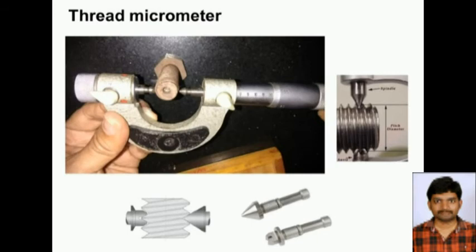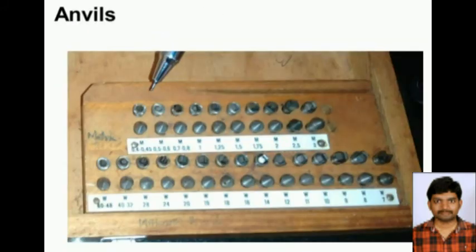To avoid that, the tips are made flat, so that they will contact only the flank, not the root. A set of anvils is available, and we have to select the appropriate anvil depending upon the type of screw thread, and then we can get the effective diameter.